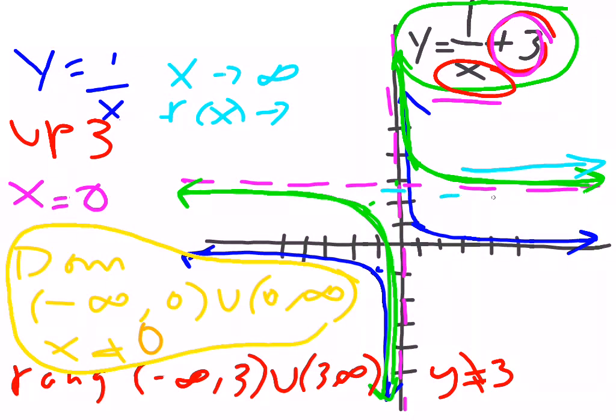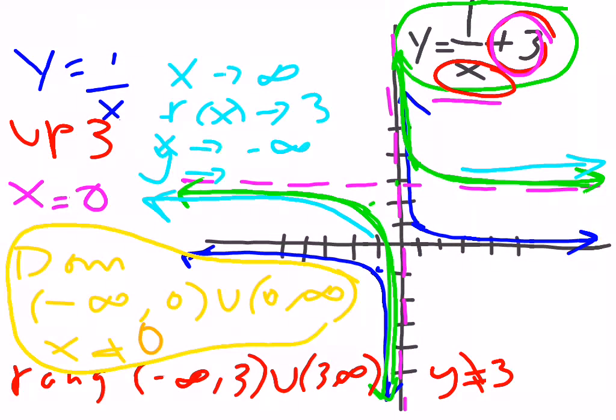Y cannot go past this line, okay? And that line is at 3. So f of x approaches 3. Now what about when x approaches negative infinity? Where's y going? Again, as x approaches negative infinity, y, or f of x, approaches 3 again. Because it can't go past there.